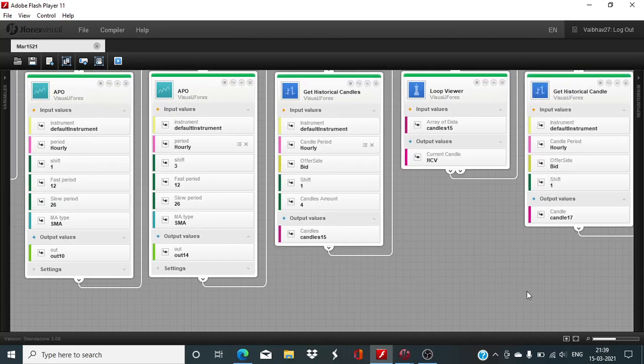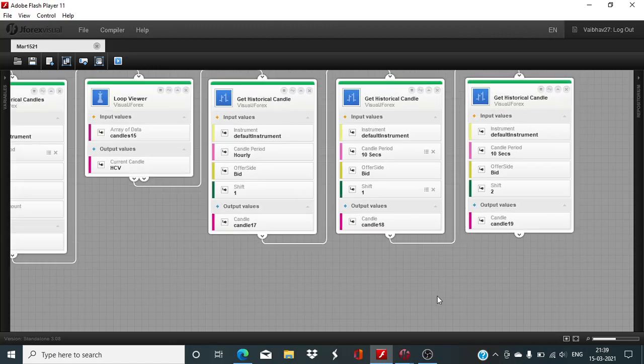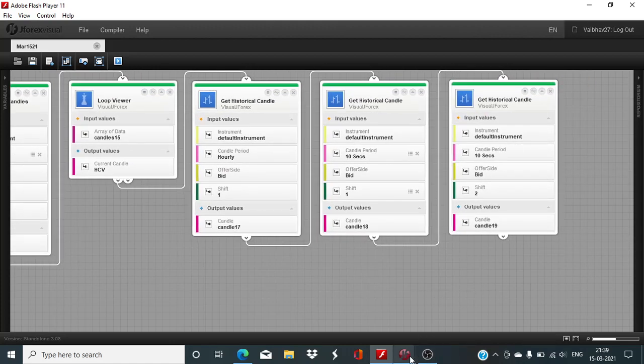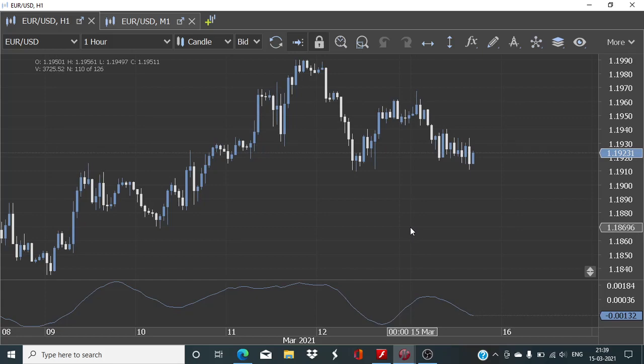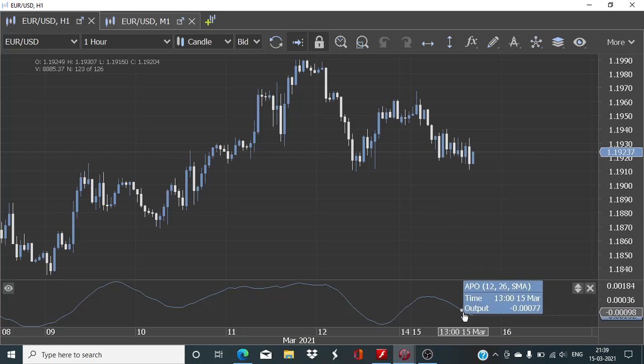Now we head back to the chart to see what kind of values will be good enough to be considered as minimum conditions. So to that extent, we can look at the price formation and we can do some observation. And I think whenever we see trend change, suppose now if we look at the price action recently, so here you have the output value for APO dipping below 0 at 10 GMT, and prior to that the APO was in positive territory.